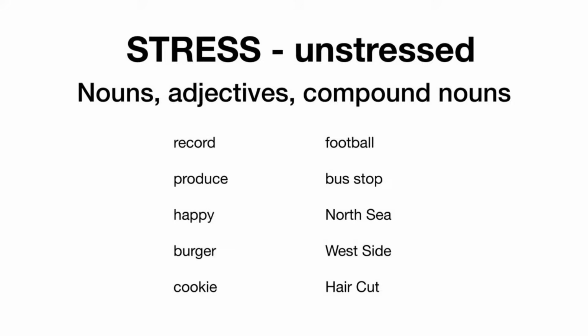We're going to stress and then unstress. So we're going to say record, produce, happy, burger, cookie. So I'm stressing syllable number 1 and I'm unstressing syllable number 2. Again, record, produce, happy, burger, cookie.